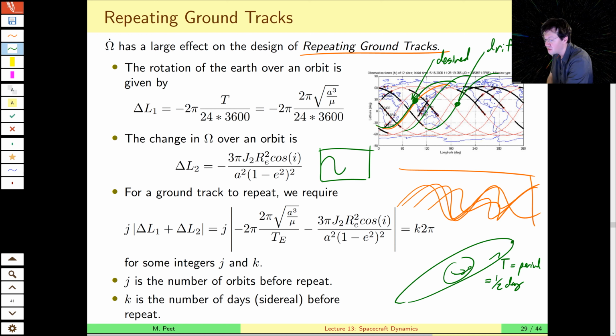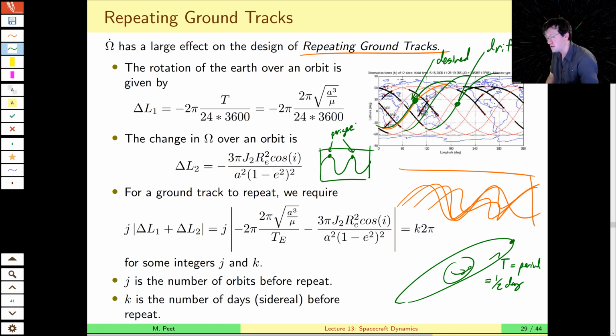So your perigee would be over one position on the first orbit, and then another position on the second, but it would return to the first position on the next orbit. So that's 1/2 day.